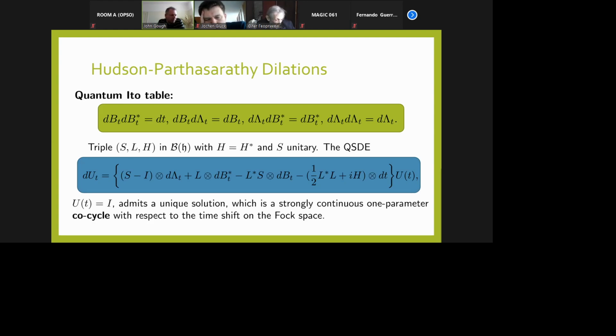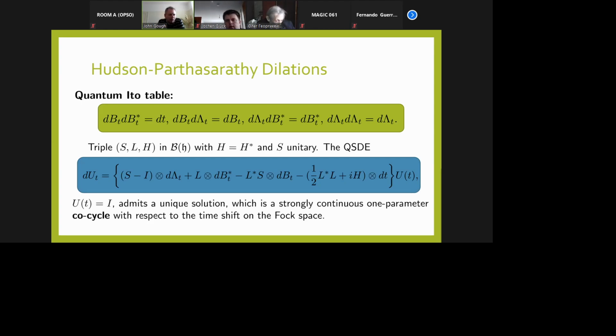And if you're specifically trying to construct dynamics where you have a system space, usually referred to as the initial space, tensored with the Fock space, on this base you try and construct a unitary dynamics, which will be the solution of the following quantum stochastic differential equation. So there's a lot of machinery here, which I'm not going to go into.